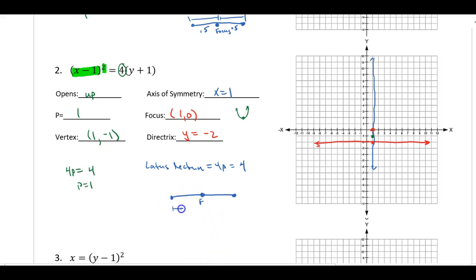Which means if this has a full length of 4, I have to go 2 on one side of the focus and 2 on the other. So if I go to my focus, which is this red dot here, I'm going to go 2 to the right, 2 to the left, and now from my vertex I go through like such.